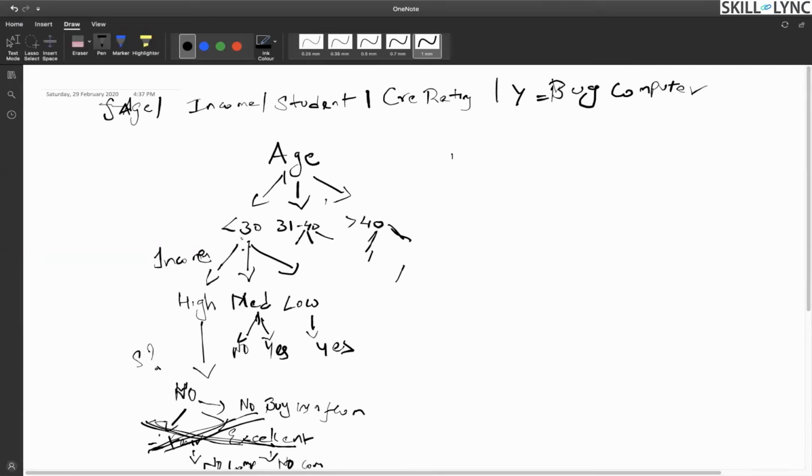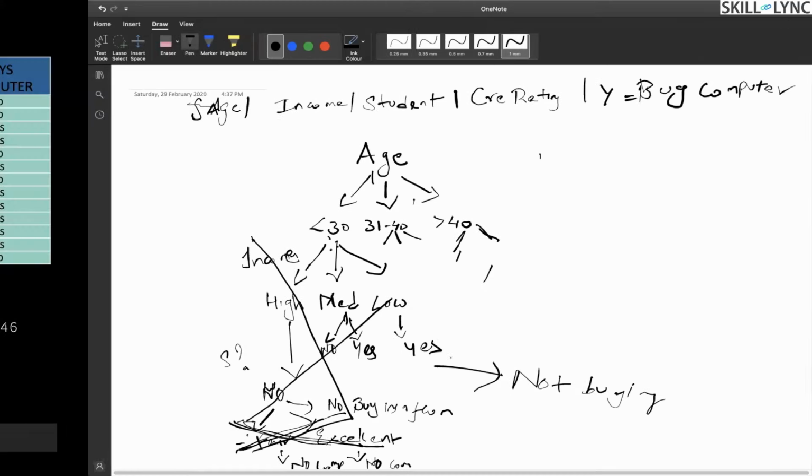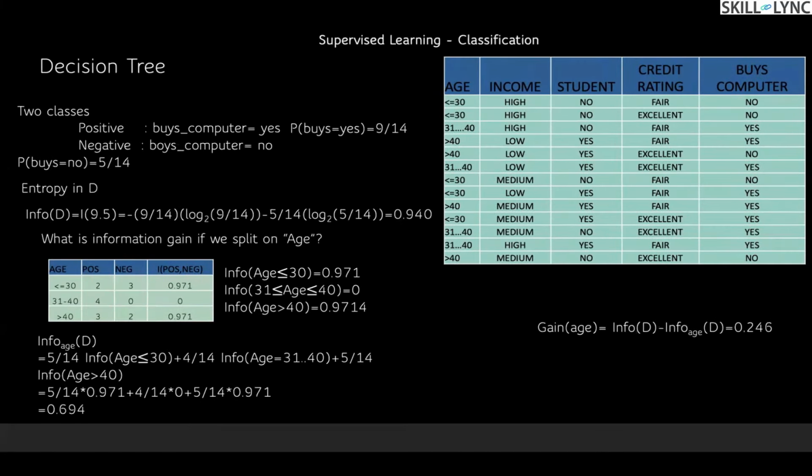Less than or equal to 30, I will stop my tree here itself and say not buying a computer is our output. I know this output is not correct for all the 5 records. It is validating quite well for 3 records, 1, 2 and 3. But for this and this, it is not validating properly.